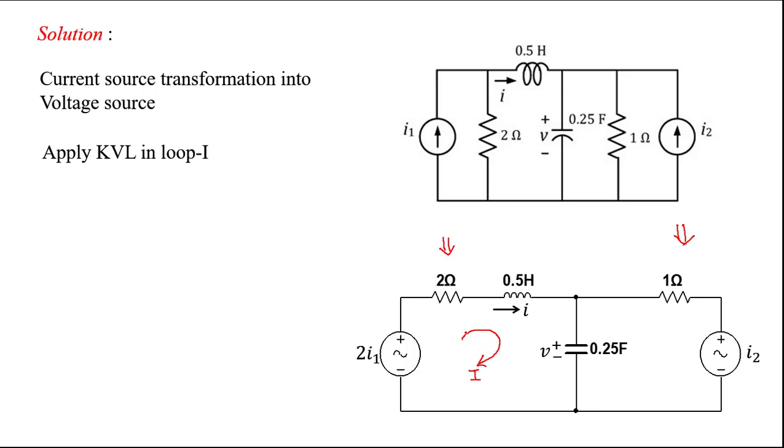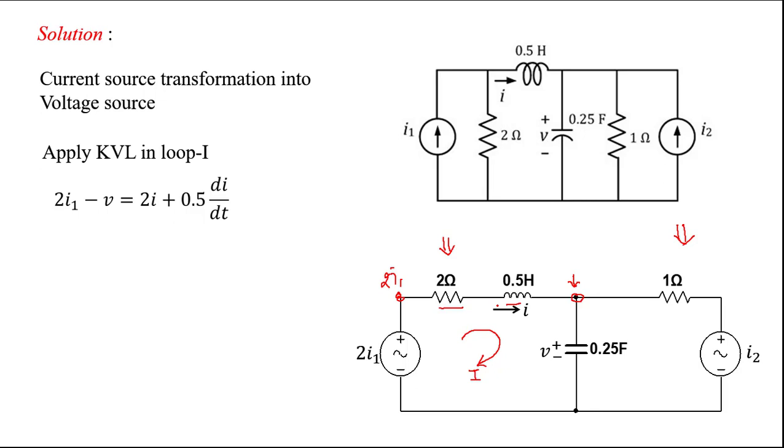In this loop, the voltage here is 2I1 and the voltage here is V. The voltage drop in this resistance is 2I and the voltage drop in this inductor is 0.5 di/dt. So 2I1 minus V equals 2I plus 0.5 di/dt.